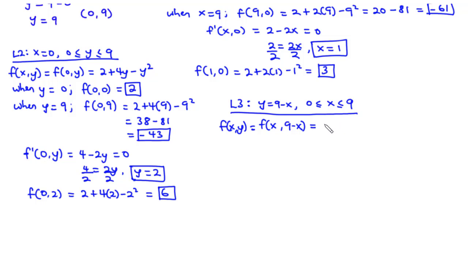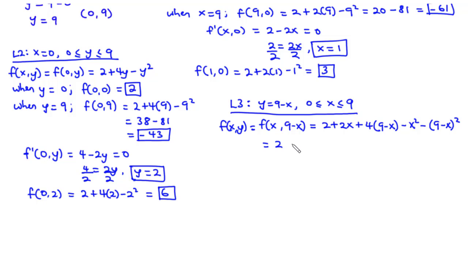So we have the function 2 plus 2x plus 4y minus y squared. So in place of y, we have 9 minus x, and then the square of it. Let's try to simplify this. So we expand and multiply.